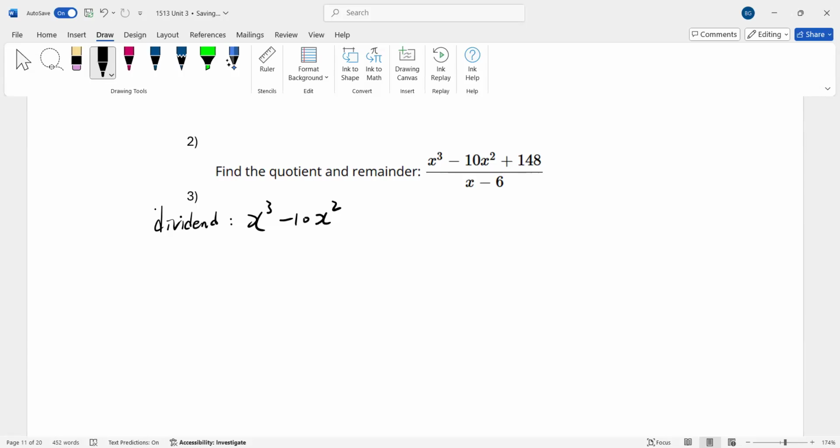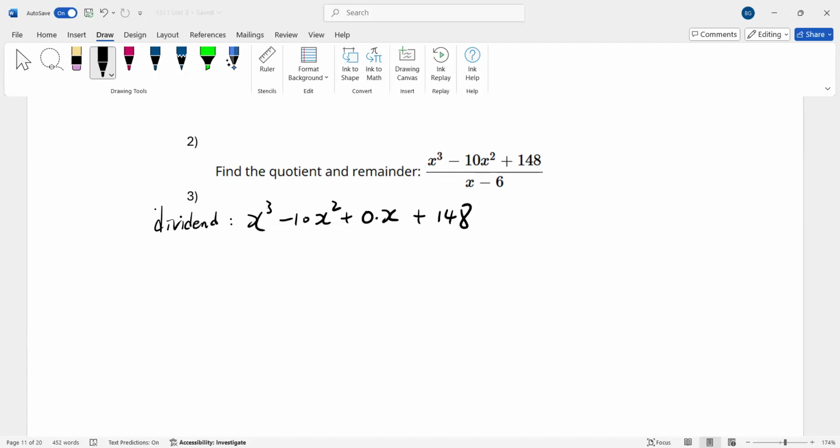The standard form is supposed to have 4 terms, but it only has 3 terms. That means there's 1 term missing. We have to write it out: 0 times x, and then plus 148. Now we have x cubed minus 10x squared plus 0x plus 148.